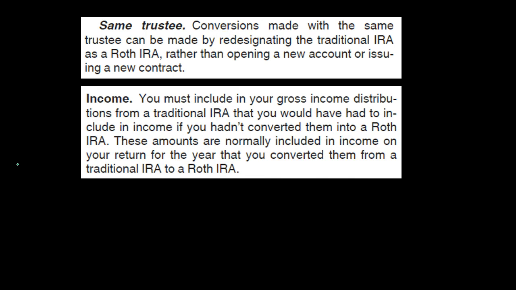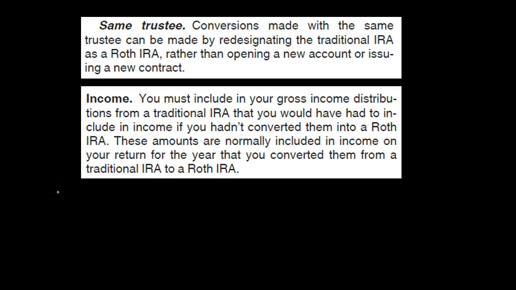Income. You must include in your gross income distributions from the traditional IRA that you would have had to include in income if you hadn't converted them into a Roth IRA. These amounts are normally included in income on your return for the year that you converted them from a traditional IRA to a Roth IRA.